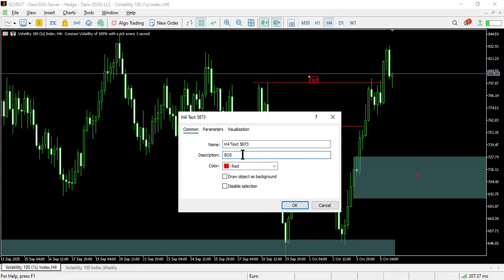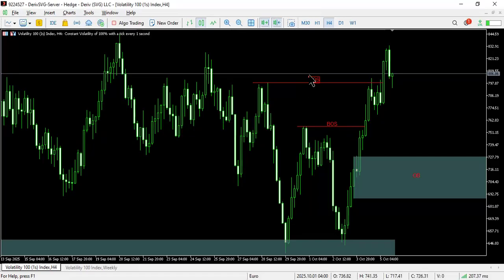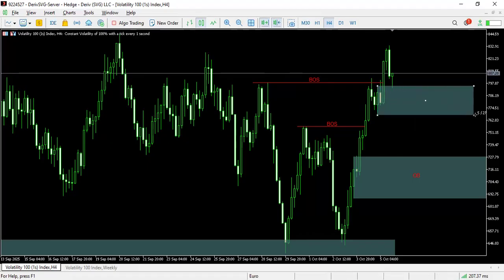And then the order block which caused that break of structure is that one. So that is the order block where price is currently reacting.